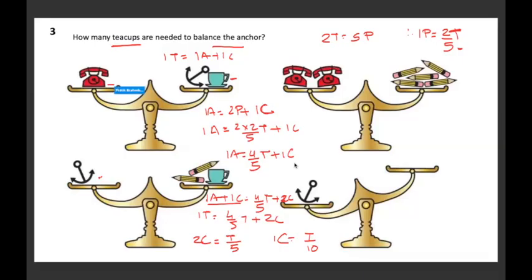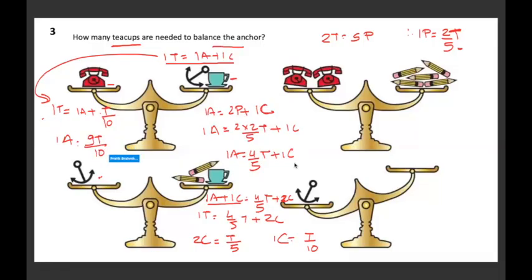Now we have got that 1 cup is equal to telephone by 10. If we put this in the equation 1 telephone is 1 anchor plus 1 cup, let me write it here. One telephone is equal to one anchor plus cup, and if I replace that value, it will be telephone by 10. So one anchor will be equal to 9 telephone by 10. This is also given to us.